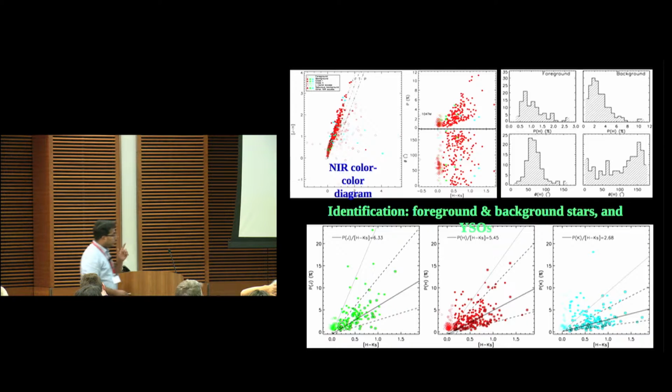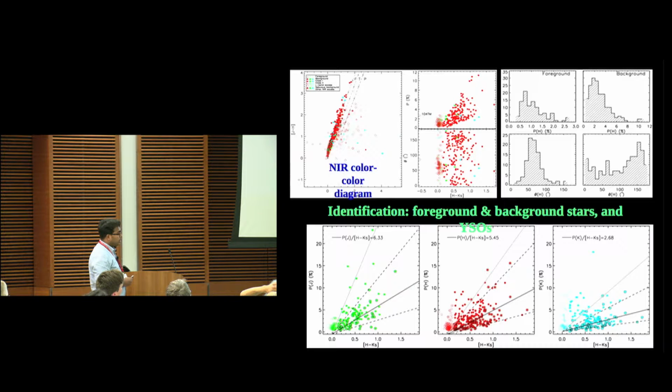In order to probe the magnetic field orientation within the star forming region, we have to separate out the stars which are intrinsically polarized from the less polarized foreground stars. We have used the near-infrared color diagram, and also polarization and polarization angle versus H minus K color. In this diagram, you can see that most of the stars which are interstellar objects show a large amount of intrinsic polarization.